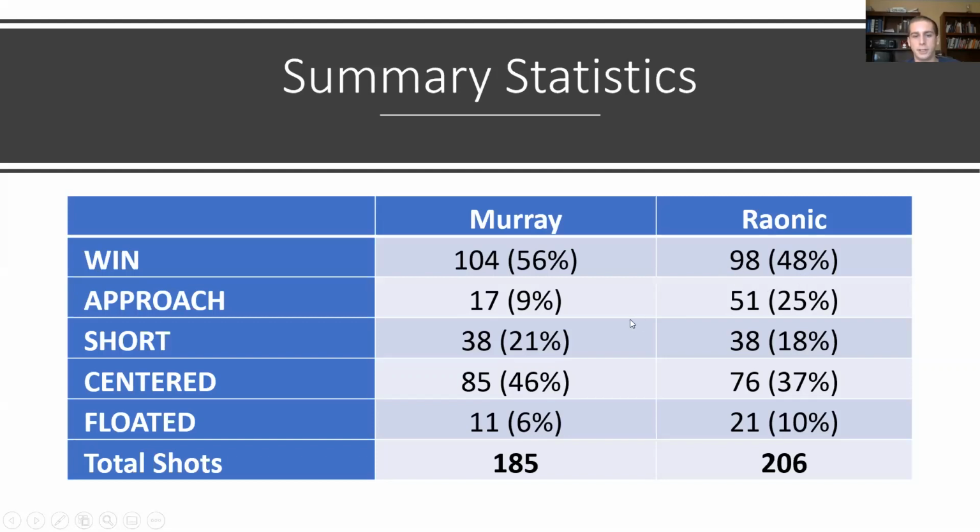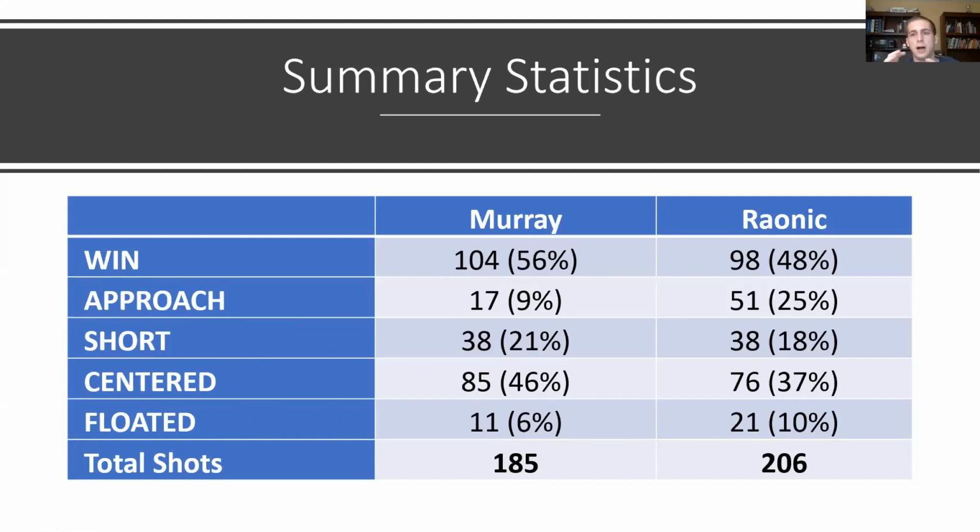And then these are the confounders. The dependent variable is the win, approach is the main independent variable, and then you've got these three confounders: short, centered, floated. These three confounders are the quality of the incoming ball. For instance, when I say 85 out of 185 for Murray were centered, this is not Murray hitting 85 centered balls to Raonic.